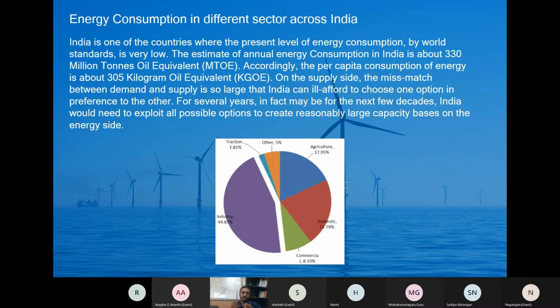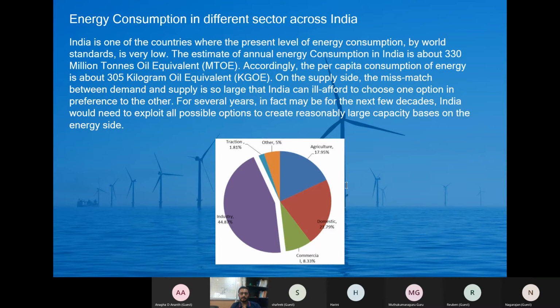India is one of the countries where the present level of energy consumption by world standards is very low. The estimate of annual energy consumption in India is about 330 million tons of oil equivalent for a year. According to the per capita consumption, energy is about 305 kilograms of oil equivalent.